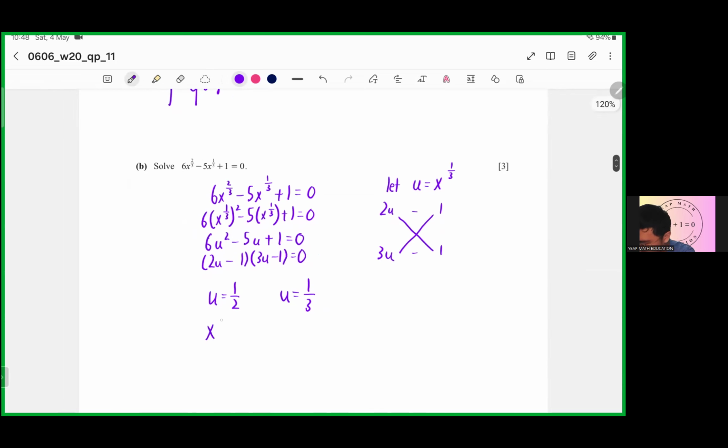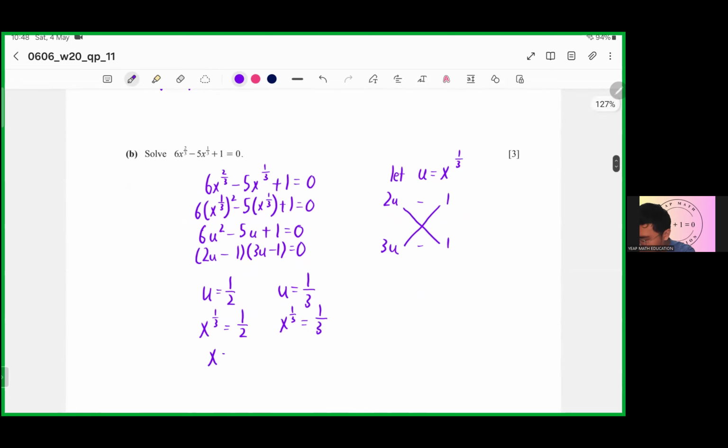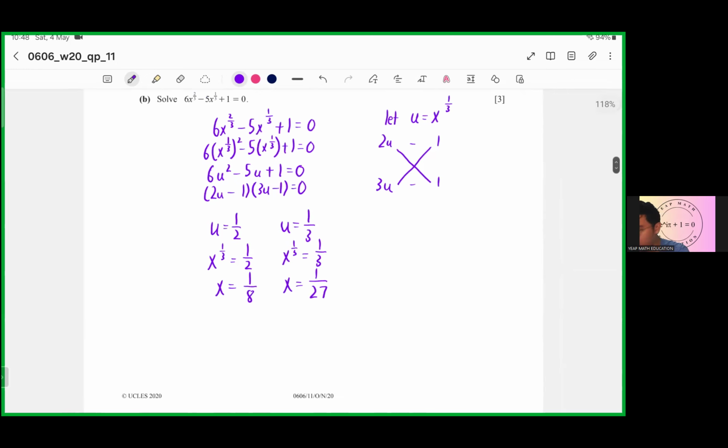So x to the power 1 over 3 equals 1 over 2, and x to the power 1 over 3 equals 1 over 3. So we can get x equals 1 over 8, and one more is 1 over 27. We already finished this question.